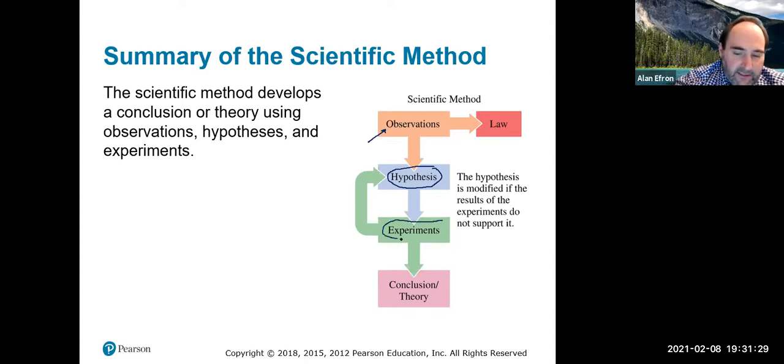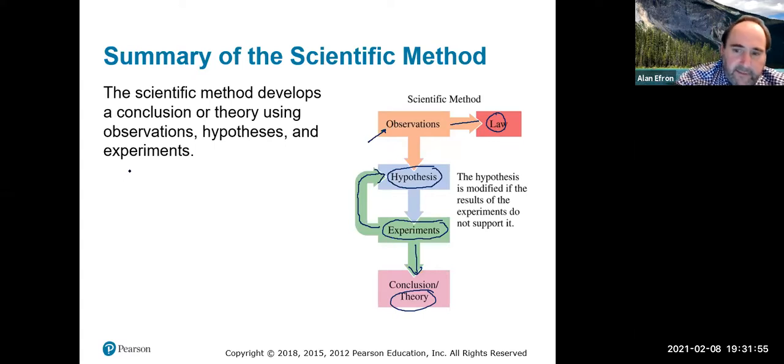You then do a bunch of tests, which come up with experimentations and observations, which may lead you to reevaluate your hypothesis, maybe tailor it a little bit more, and then do more experiments. It may ultimately lead to a theory, or it may ultimately lead to a law when it's all said and done. And what is the difference between a theory and a law?